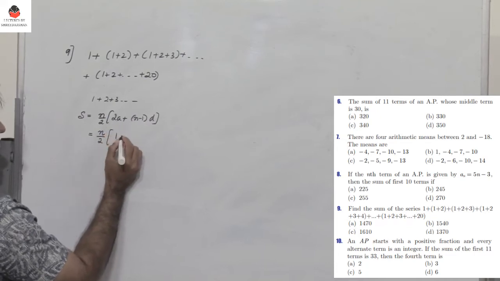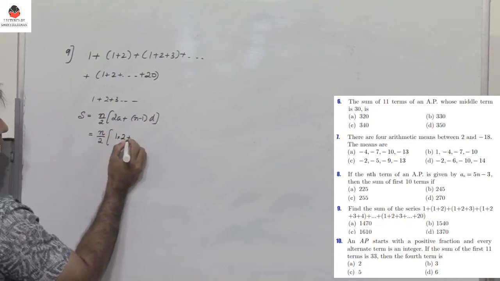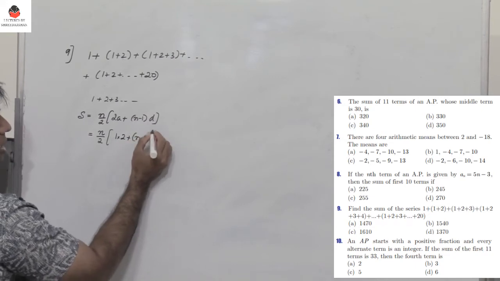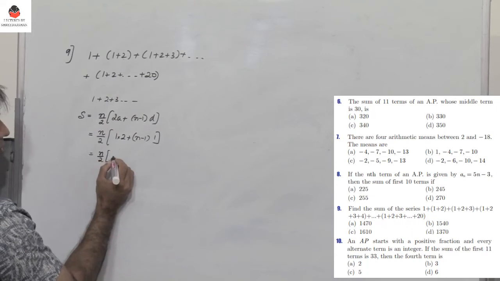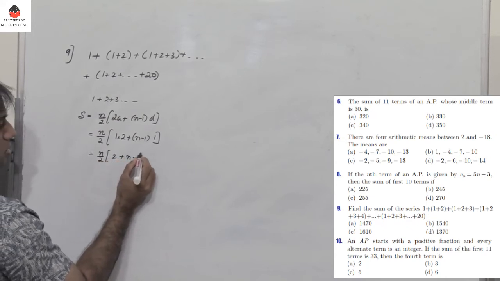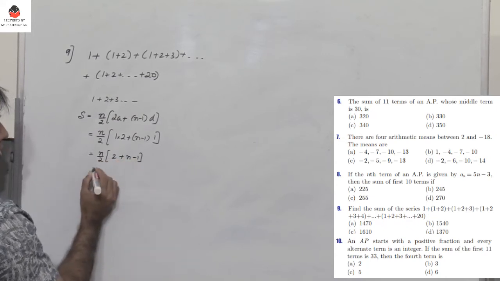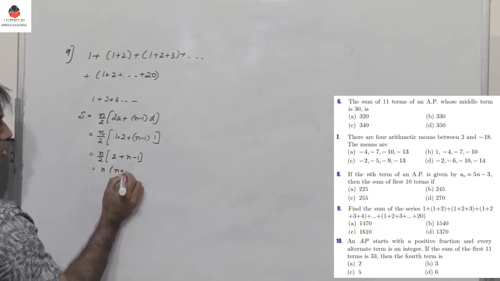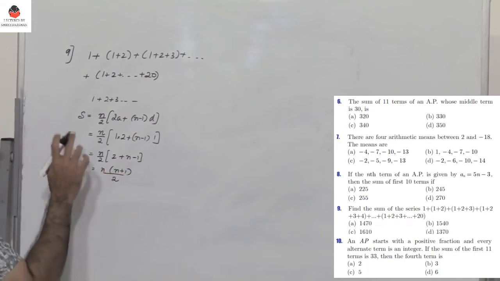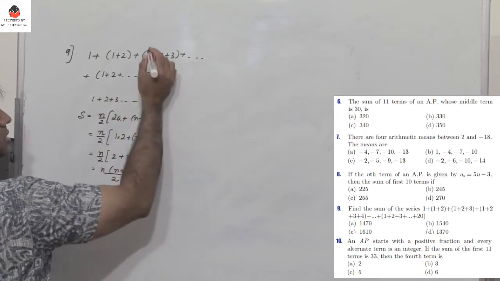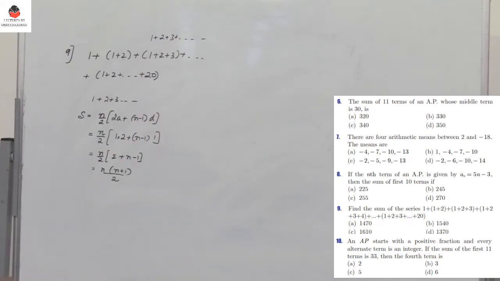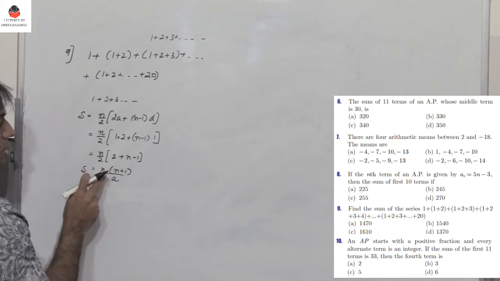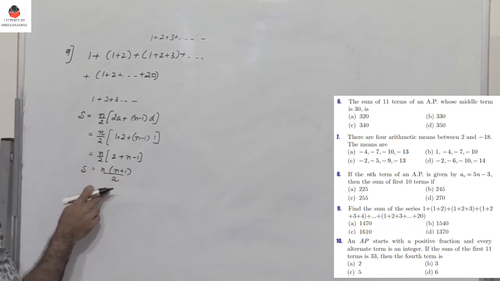A is 1. So 1 into 2 plus n minus 1, and d is 1 here, right? So it's going to be n by 2 into 2 plus n minus 1. So this is going to be n into n plus 1 by 2. So given any sequence of numbers, say 1 plus 2 plus 3 and so on, the sum up to n terms is given by the expression n into n plus 1 by 2.